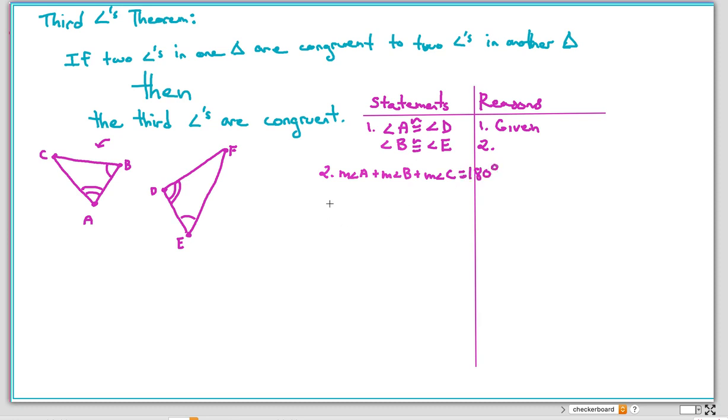Now I also know the same is true in this triangle, that I must have the measure of D plus the measure of E plus the measure of F equal to 180. And this follows from the triangle sum theorem.